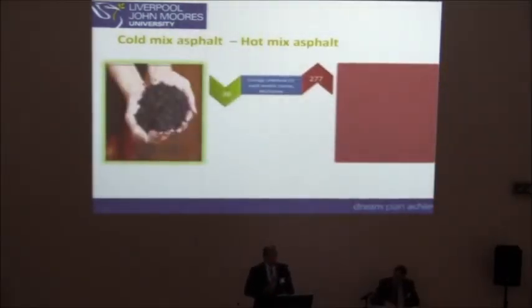Okay, to compare between cold mixed asphalt and hot mixed asphalt, in terms of energy required to produce each metric ton, we need 277 megajoules per ton for hot mix, while for the cold mix, just 36 megajoules.